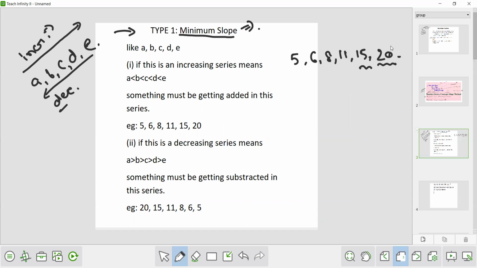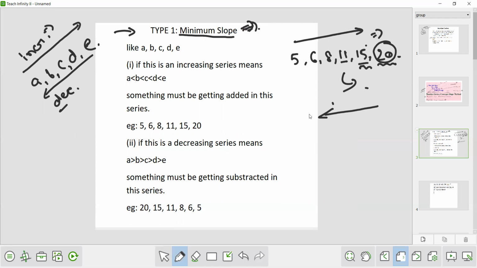Is 20 2 times or 3 times or 4 times of 15? No. Is 15 2 times or 3 times or 4 times of 11? No. So we come to the conclusion that something must be getting added if it is in increasing order, or something must be getting subtracted if it is in decreasing order. So we recognize that this slope is of the nature minimum slope.